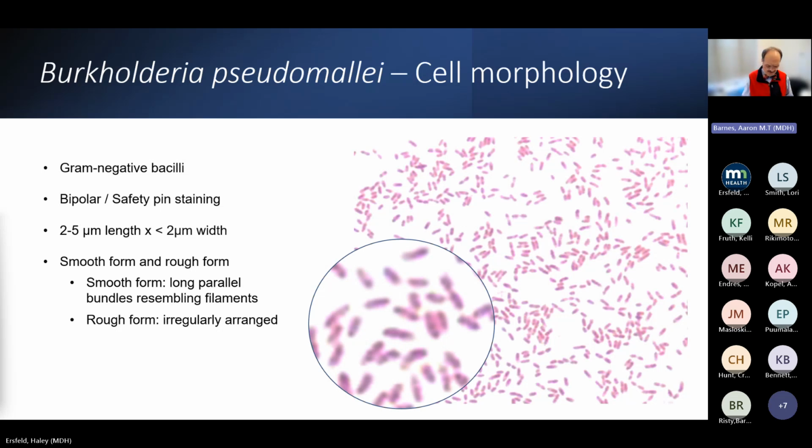This is another reason that you get these weird, is it TB or not things, because you can get long filaments that look like mycobacterial filaments sometimes. That's what's called the smooth form. But unhelpfully, they also sometimes have a rough form, in which case they're just scattered all over the place, and they just look like every other gram-negative. So not a whole lot you can usually get off the gram stain unless you're a morphology wizard. Next slide, please.